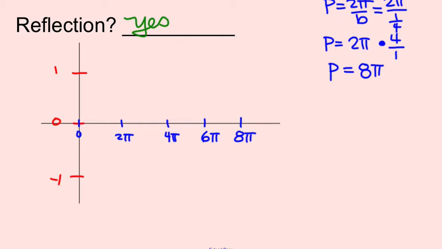Now there was a reflection going on. So normally we would start here with the cosine, but I'm going to erase that. I have to start at the bottom of the amplitude. So I'm going to start down here at -1. And now I do my pattern. Middle, top, middle, and bottom.